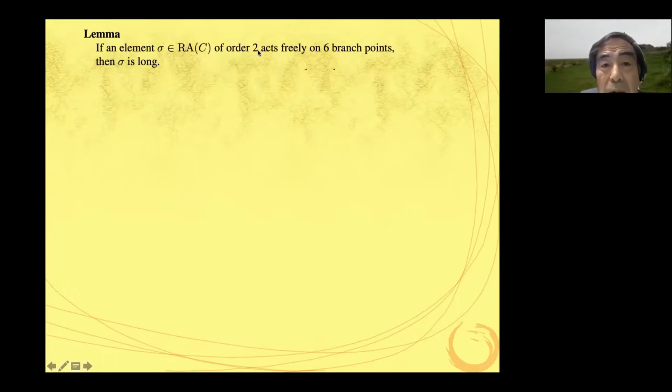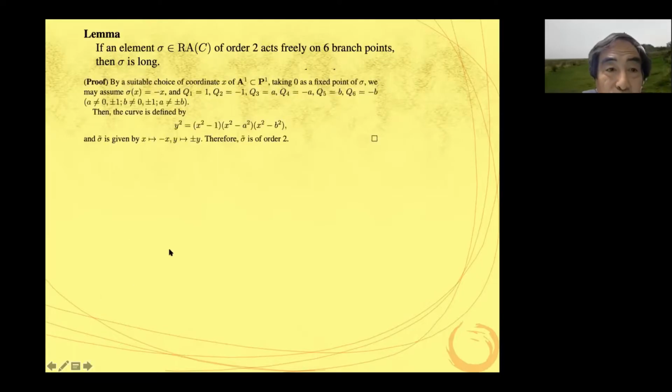If an element sigma acts freely on the 6 branch points, then we can show sigma is wrong. Very easy to show, so I'll show. By a suitable choice of A1, we can take 0 as a fixed point of sigma. And automorphism sigma is given by like this.